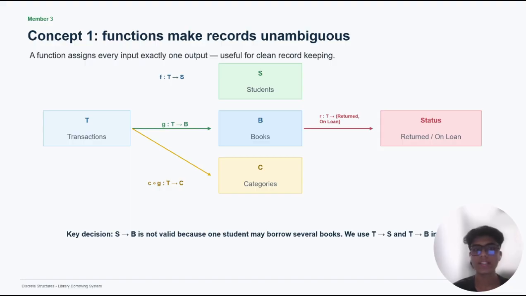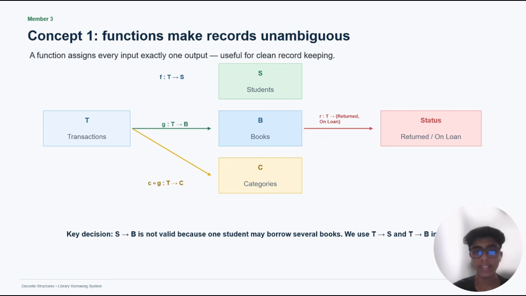To solve this, we used borrowing transactions as the domain. We define the borrower function as f maps T to S. This means every borrowing transaction maps to exactly one student.